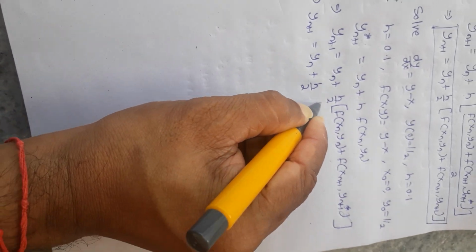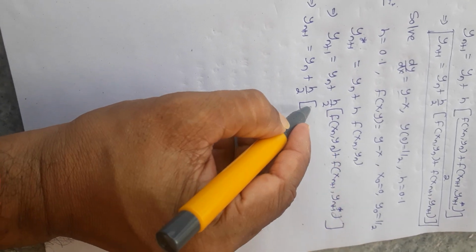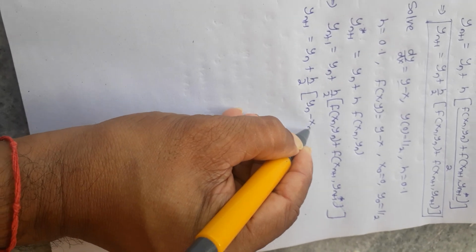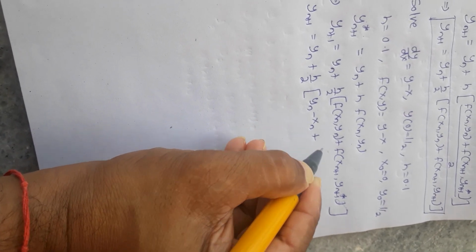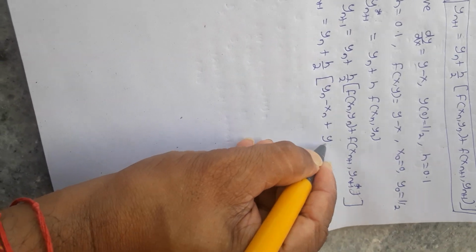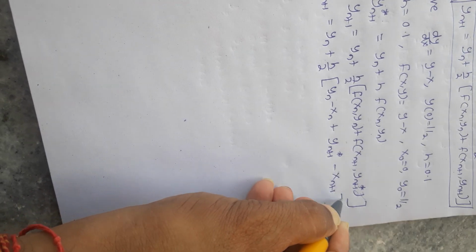Now h by 2 into here, f of x,y equal to y minus x, so f of xn, yn will be yn minus xn, plus f of xn plus 1, yn plus 1 star will be yn plus 1 star minus xn plus 1.